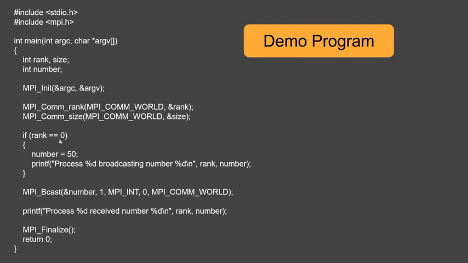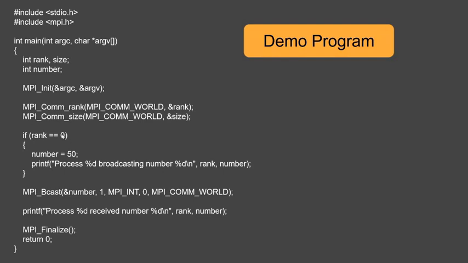And now I'm running an if statement. If rank is equal to 0, number is equal to 50. I initially defined an int variable number, and then I gave the statement number is equal to 50 inside this if statement, that if rank is equal to 0.